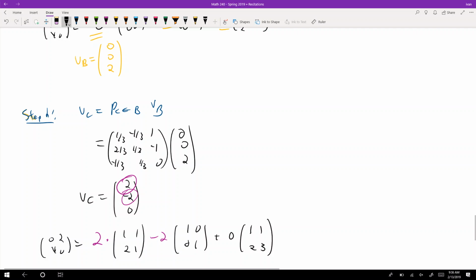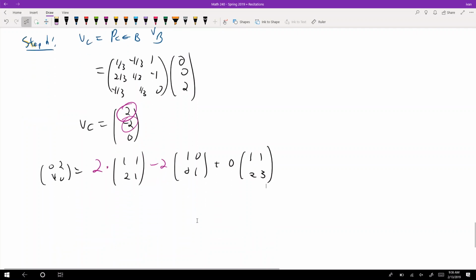So there's a linear combination of 0, 2, 4, 0 in terms of the basis elements of C. And again, order matters, because if you switch these, then this vector would be 2, 0, negative 2. So the order of your basis does matter.